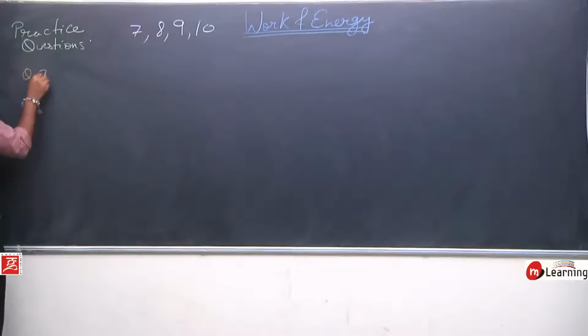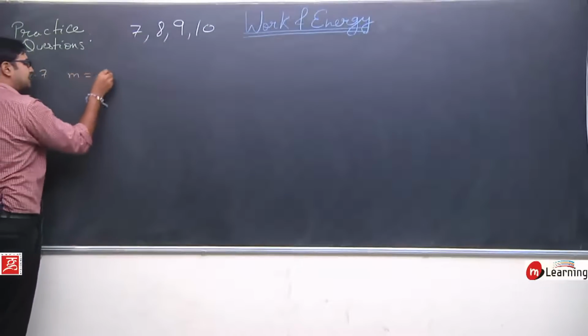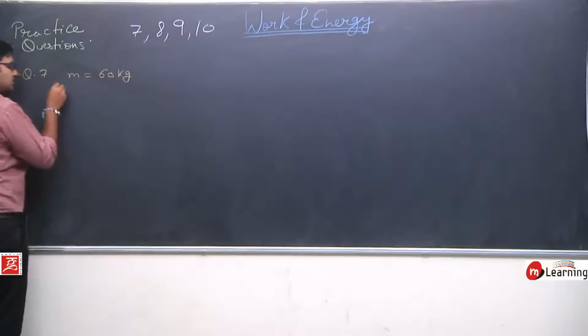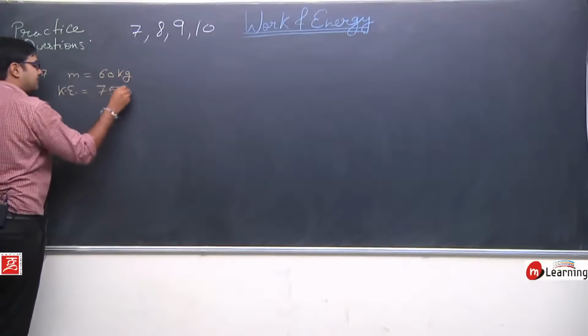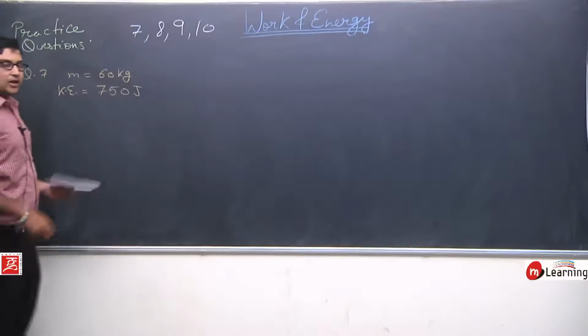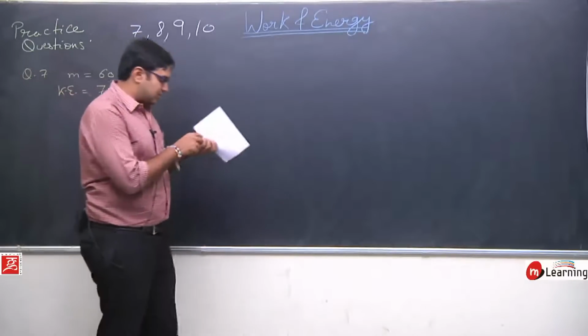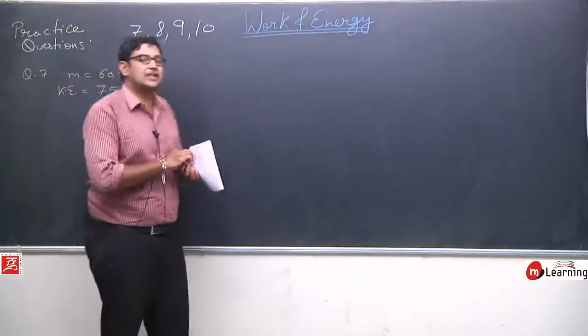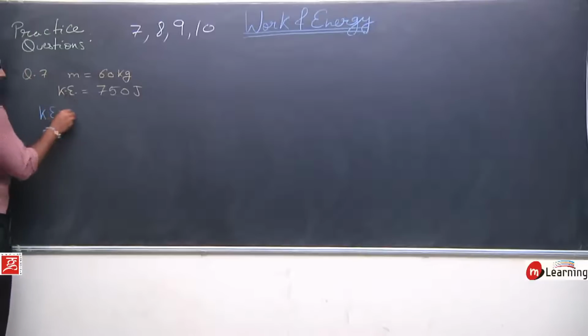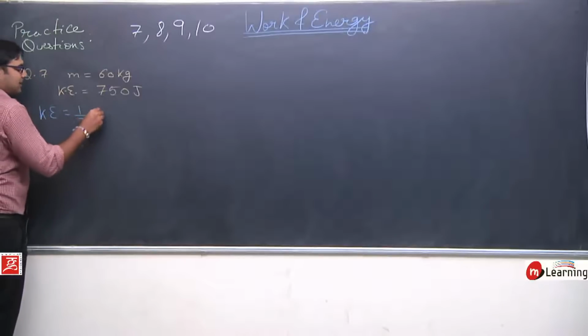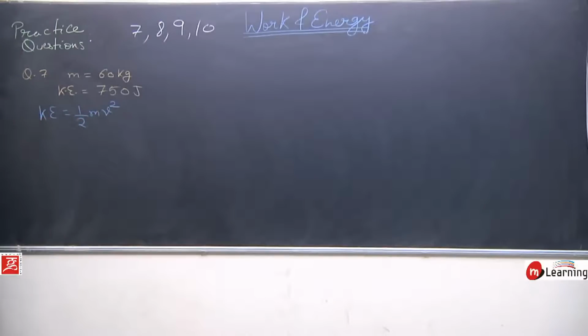In question number 7, the mass of the person is given as 60 kg and the kinetic energy that he wants to achieve is 750 joules. Now how can I calculate the velocity or the speed with which this person has to run? We know a very important concept, that kinetic energy is half mass into square of velocity.